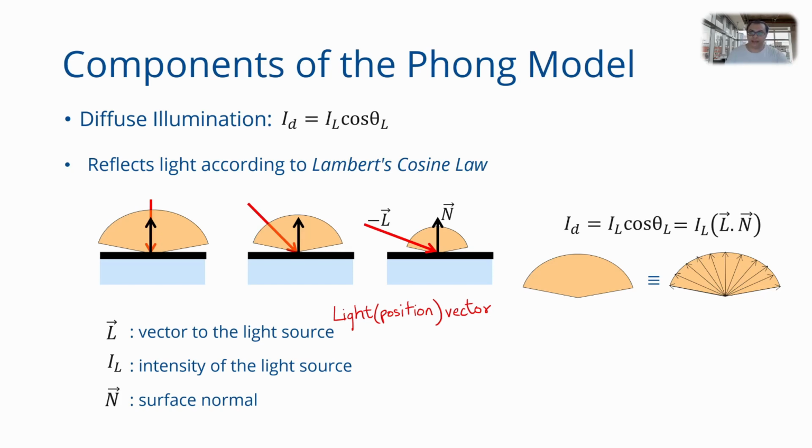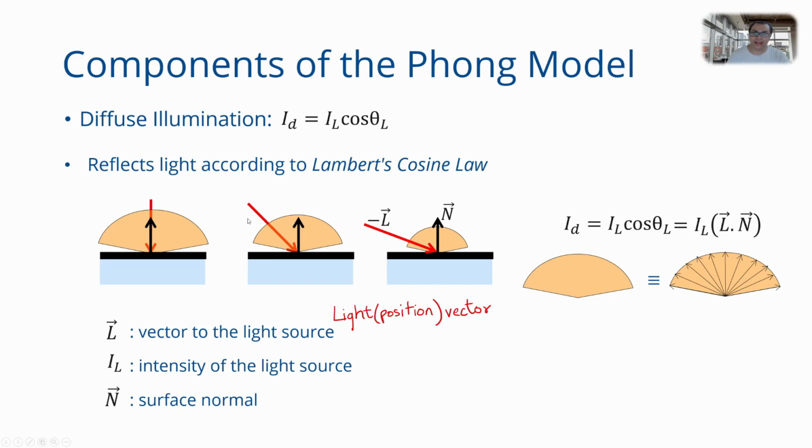Now let us see the behavior of this model when the light vector is in the direction of the normal, that is, they overlap, so the angle is 0, then cos theta L is going to be at its maximum. So you see that the envelope radius that you have here for the reflected illumination is large.